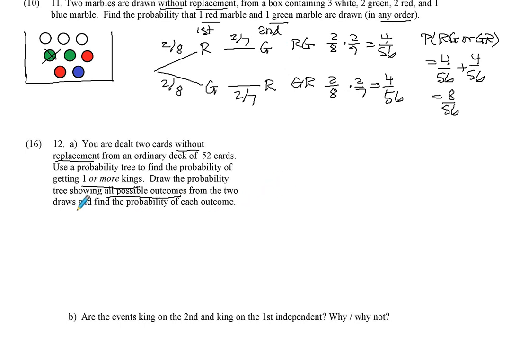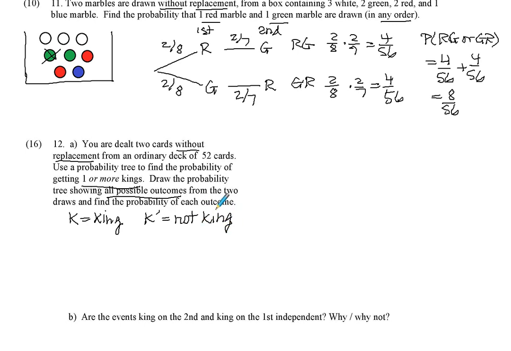So on that, let's let our events here be king. K stands for king. And then if it's not a king, anything else we'll just call K prime. It's not a king. So whatever other card that it is, we don't care.